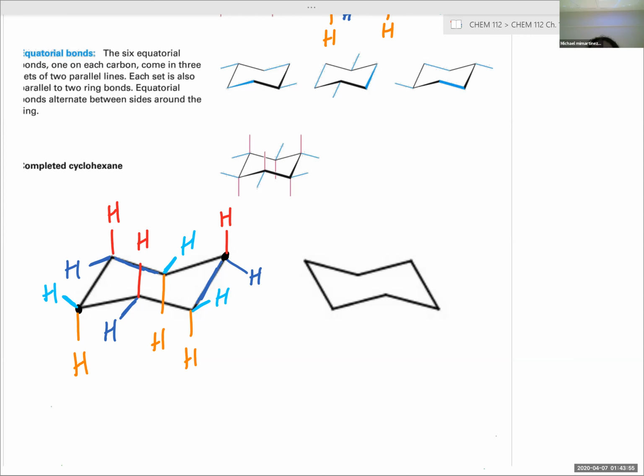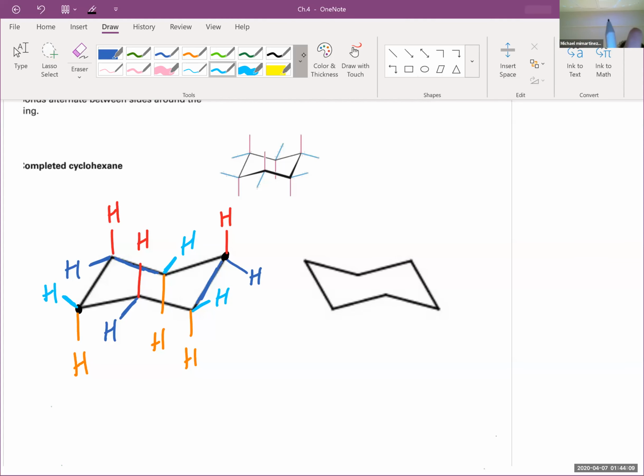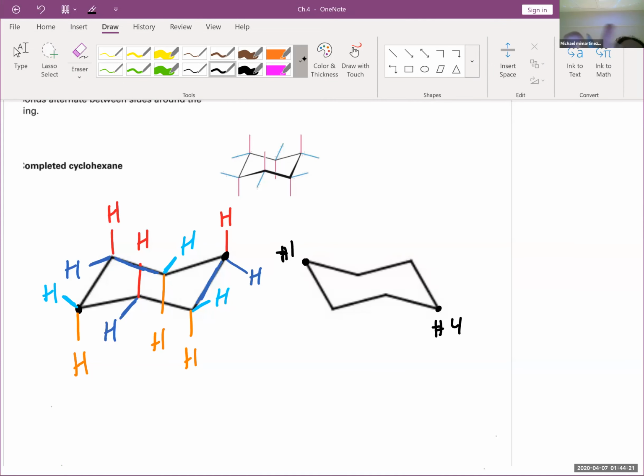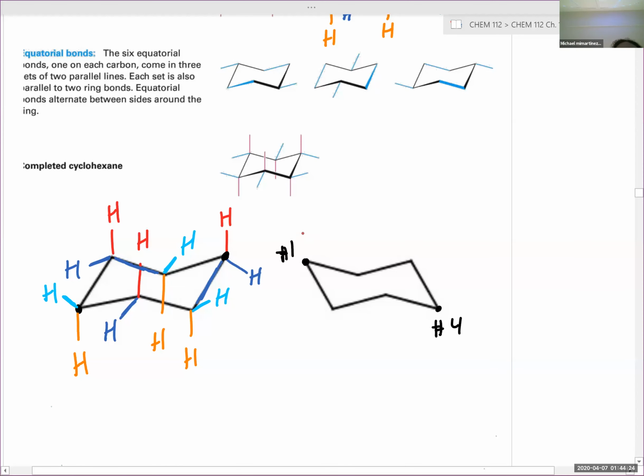Okay, so what I'm going to do is convey the student responses to the class, so that we can observe. From the student responses, I'm just going to summarize the points that we've made. So we have carbon number 1 and carbon number 4. We're going to start placing our axial pointing up hydrogens on carbon number 1.